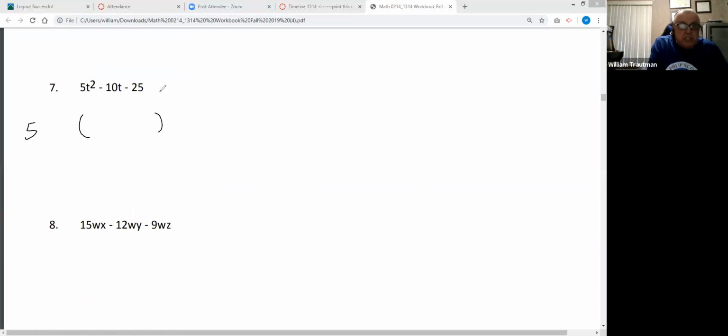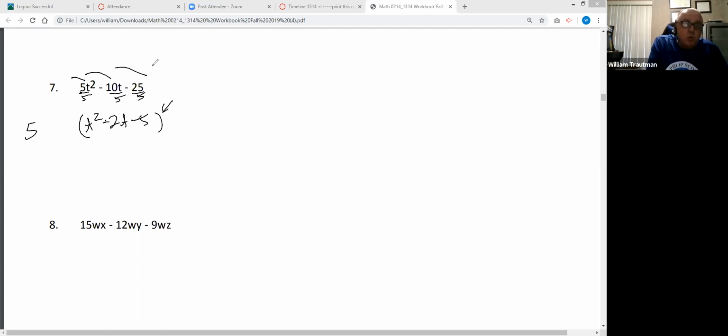That was the only thing that divided out. If I divided everything by 5, I ended up with 1t squared minus 2t. 25 divided by 5 is a minus 5. Do you see this parentheses has to be here?